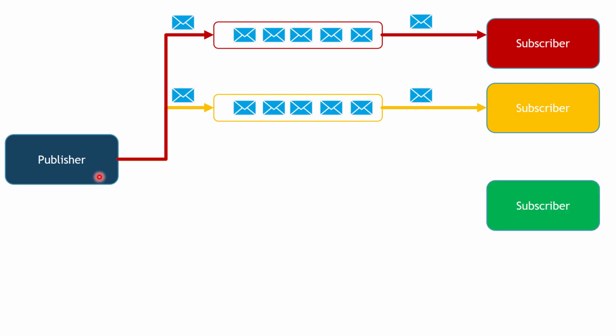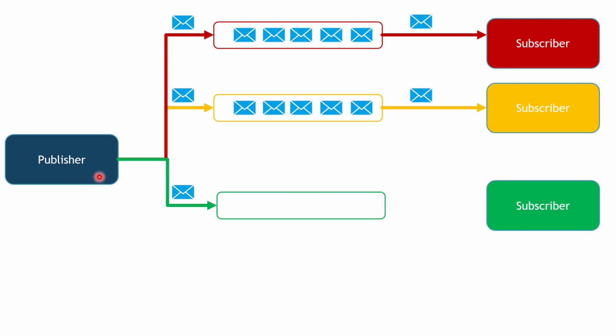And for every new subscriber that is interested to join, we are going to have to create an additional resource, an additional message queue. And also we need to make some application code changes to allow the publisher to send the data or messages to the new message queue we have created. And this is not everything.